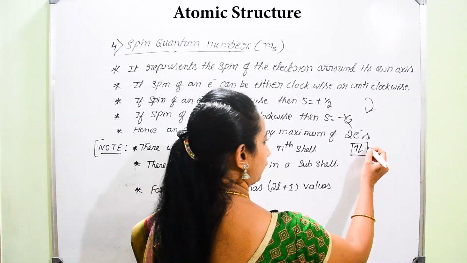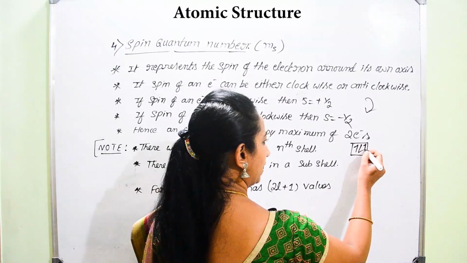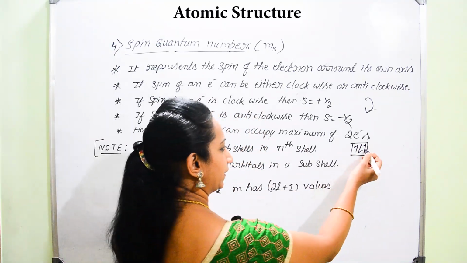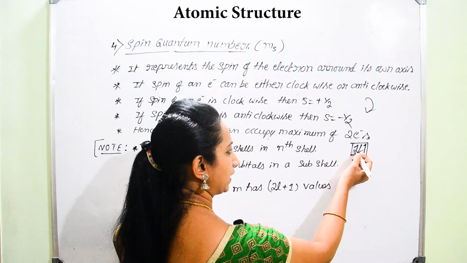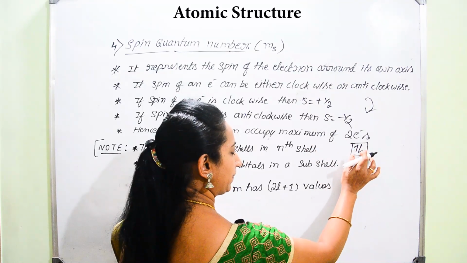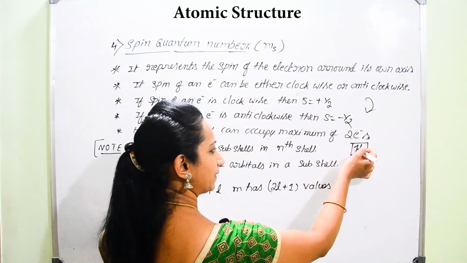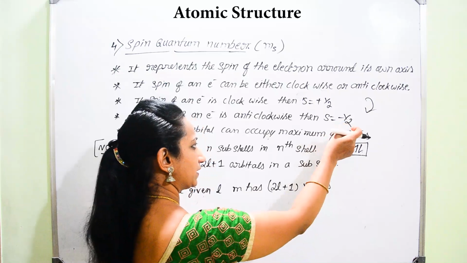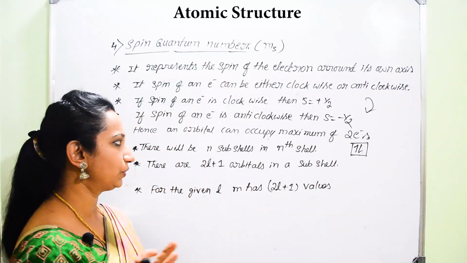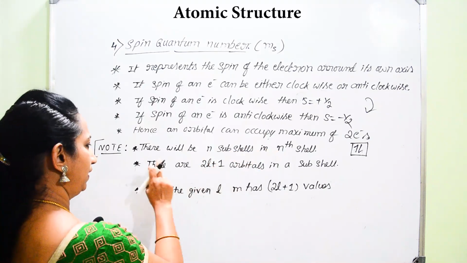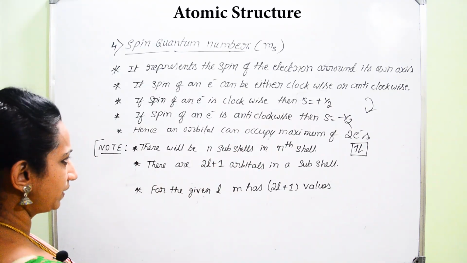In case you go for a third electron, either it will be in clockwise or anti-clockwise direction, then it will have the same s value as the other electron, so it is not possible. So a maximum of only 2 electrons can be present in one orbital, one with s value plus half, another with s is equal to minus half. And these are important points to remember.